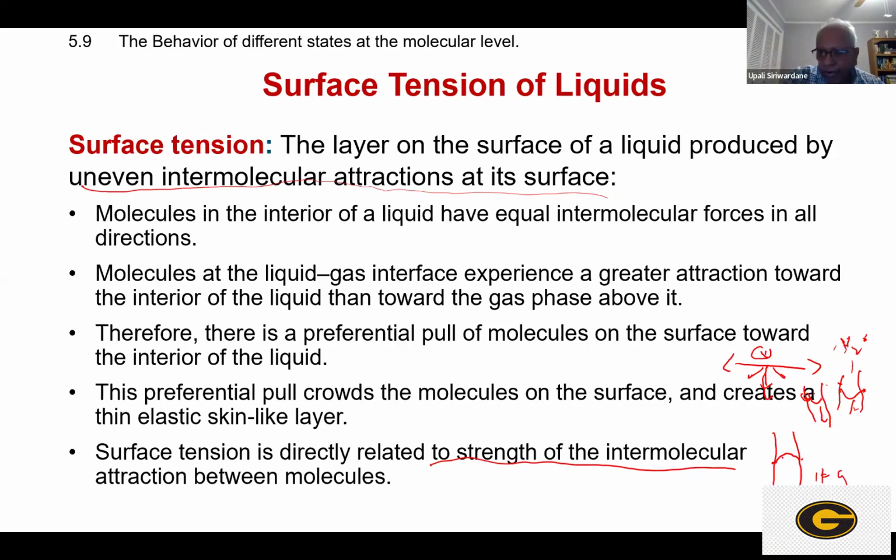Attraction between glass and mercury is weaker than mercury's own attraction. Therefore, mercury pulls up. That has a meniscus on the opposite way.